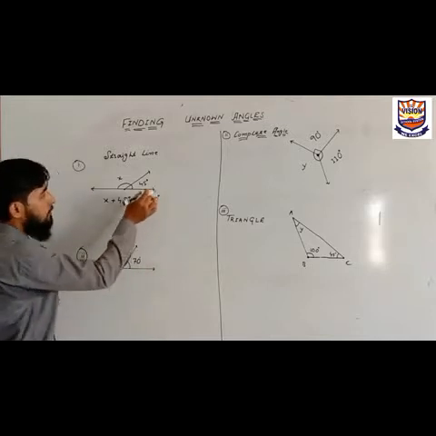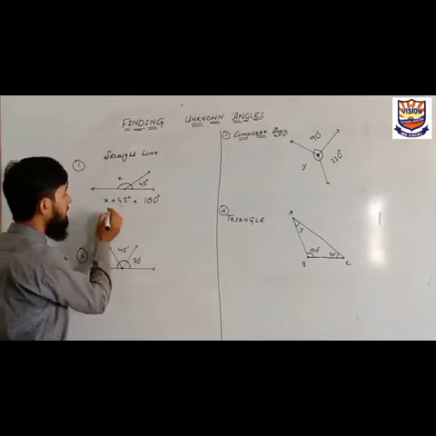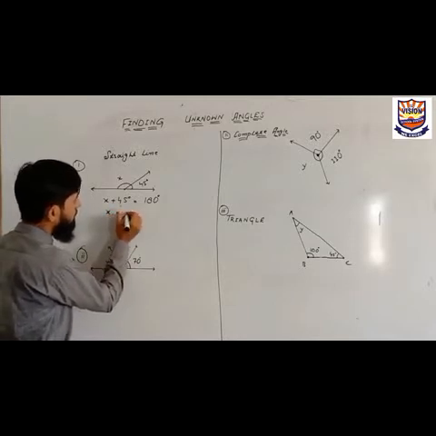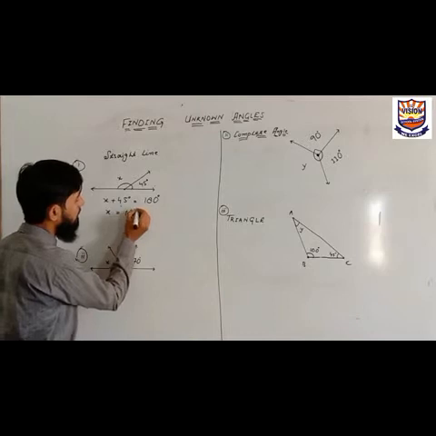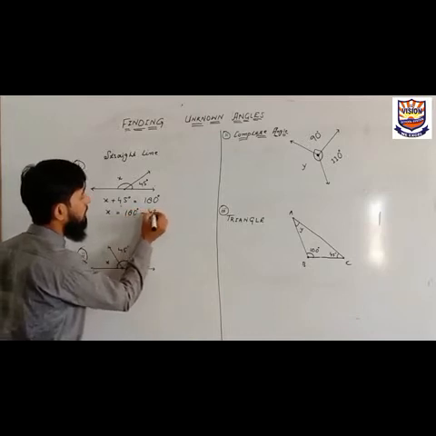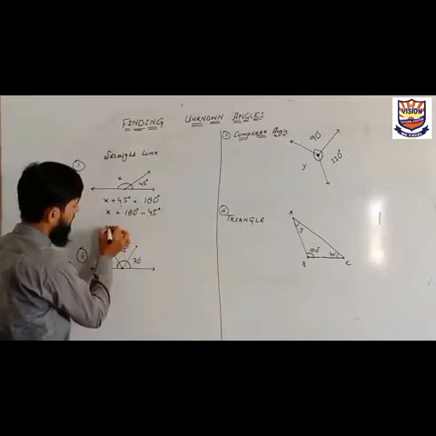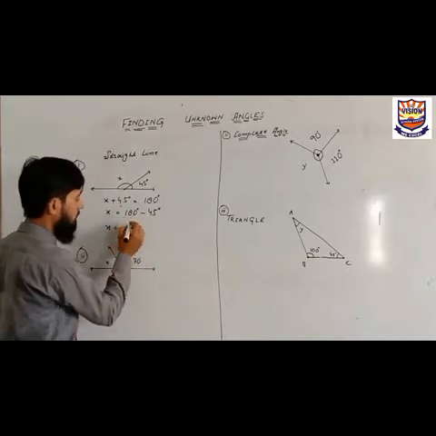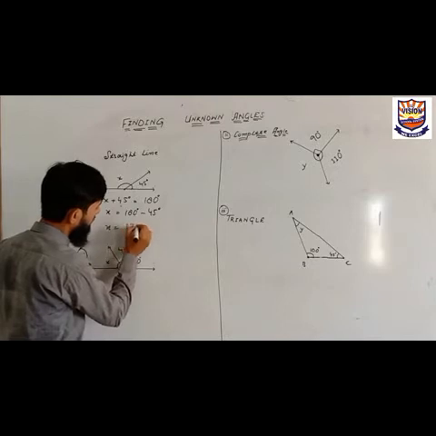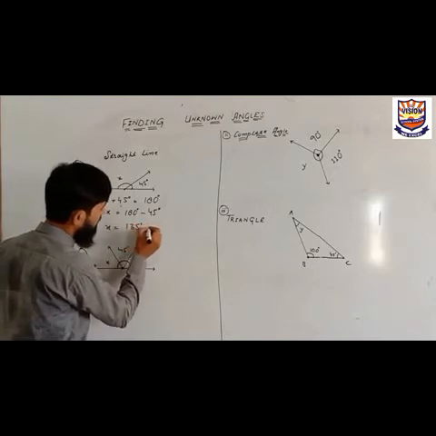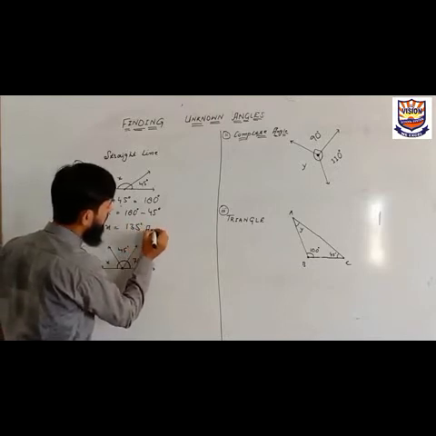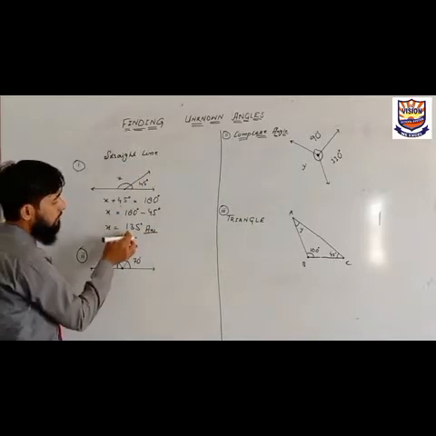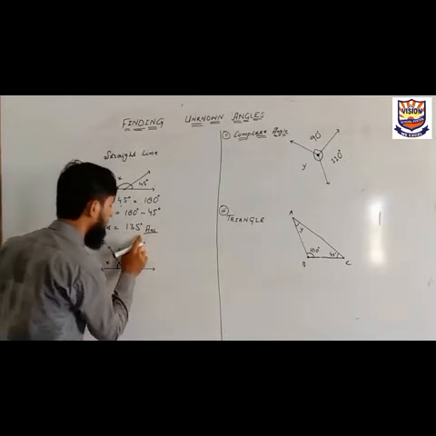Simply subtract 45 from 180: 180 degrees minus 45 degrees is equal to 135 degrees. The measure of angle x is 135 degrees.